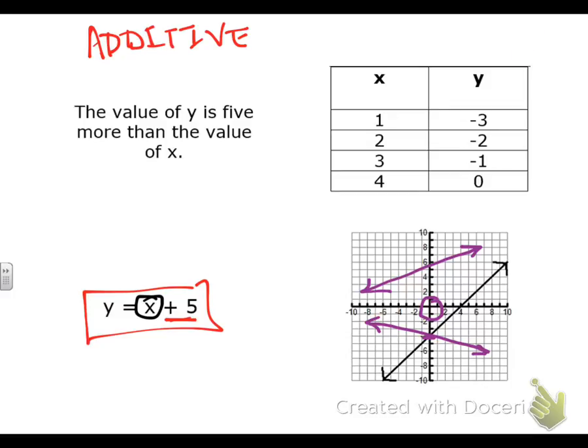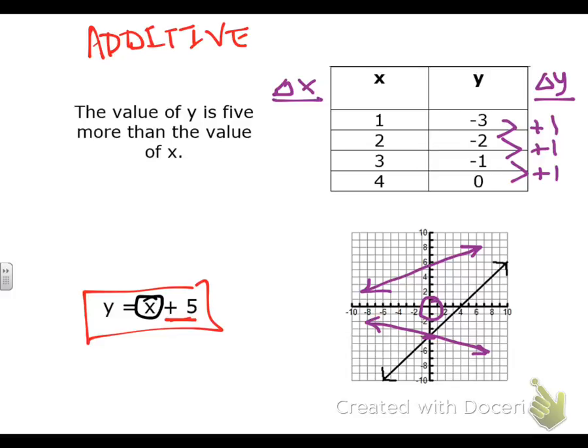Let's look at our table right here. In the table, what you want to look for is, off to the side, what we call delta y, or the change in y, and delta x. On a table, if this is an additive relationship, these two numbers will be the same. So to get from -3 to -2, I added 1. From -2 to -1, added 1. From -1 to 0, added 1.